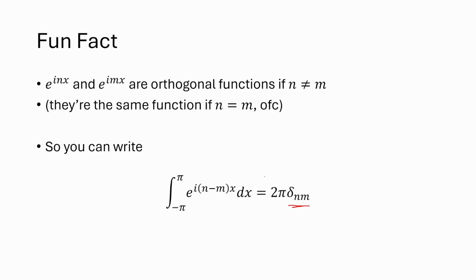So this is a way of logically showing the relationship where if n and m are not equal, they'll be orthogonal, the result will be 0. But if n and m are equal, well, then it's the same function times itself, and when it is properly normalized, you're just going to get this 2 pi out front from the interval that you're integrating over. Okay, great.